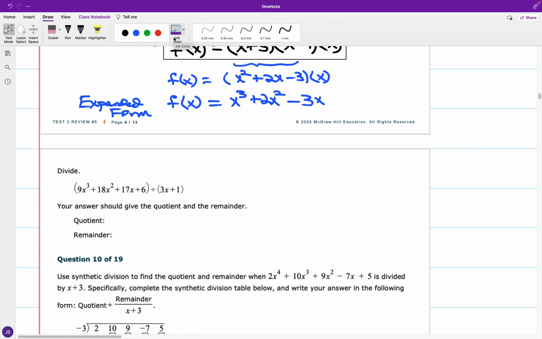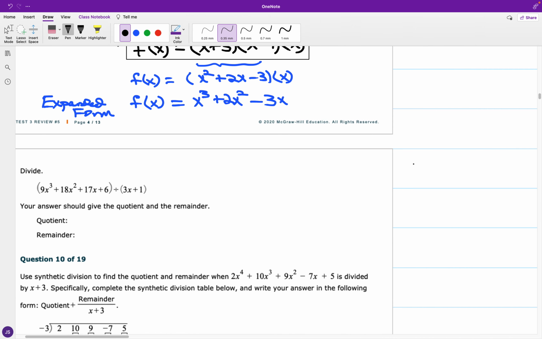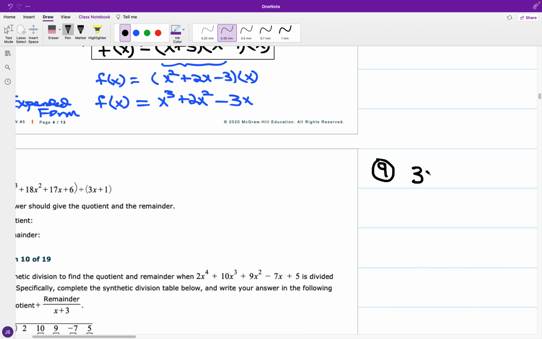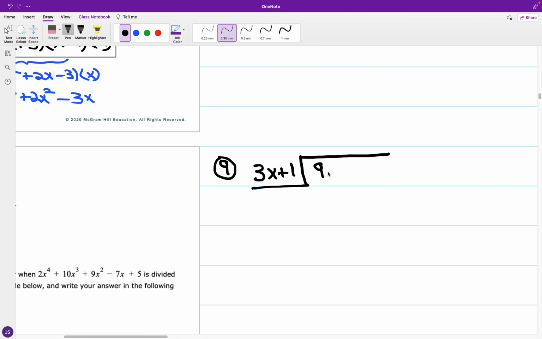If we're looking for the quotient and remainder, you have 3x plus 1 into 9x cubed plus 18x squared plus 17x plus 6.